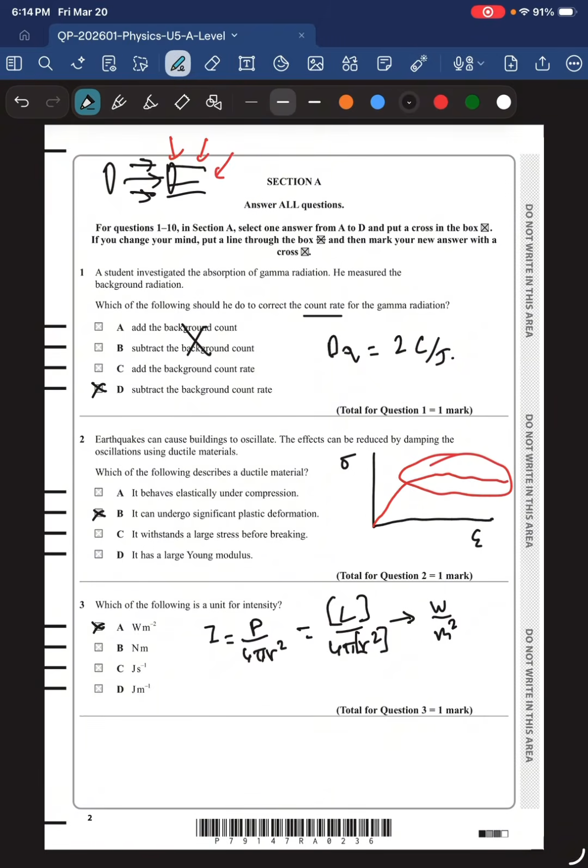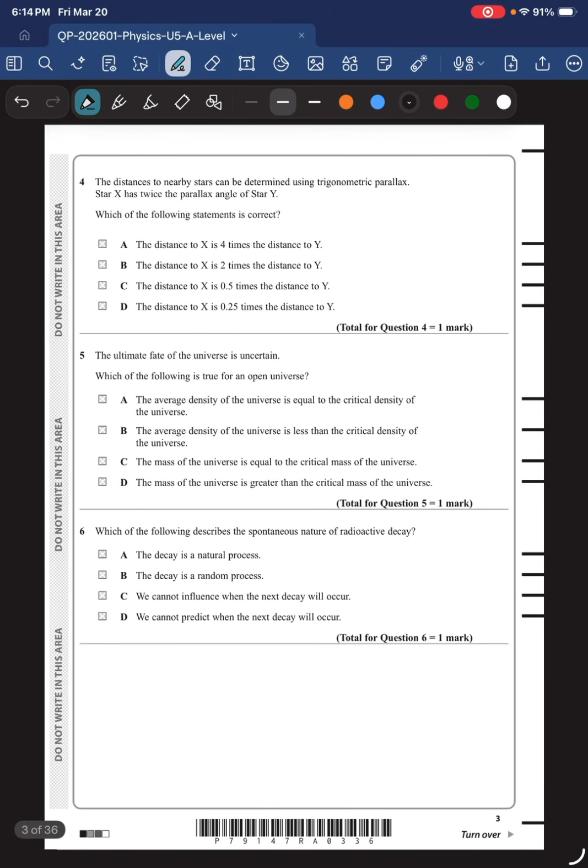so A. Okay. 4. The distances to nearby stars can be determined using trigonometric parallax. Star X has twice the parallax angle of star Y. Which of the following statements is correct? So let's draw the situation actually. If this is the sun and this is the Earth, this is 1 AU, 1 astronomical unit, and so is this distance.